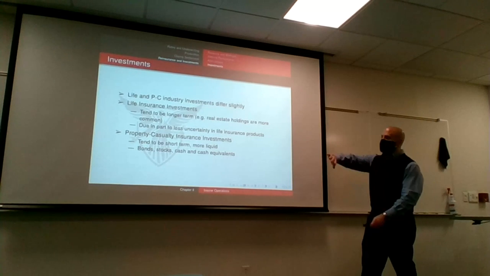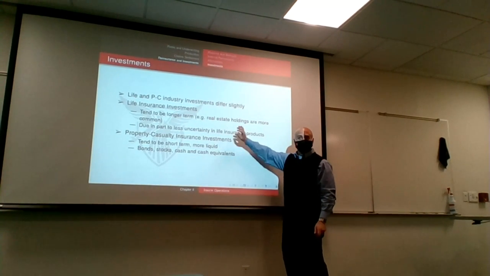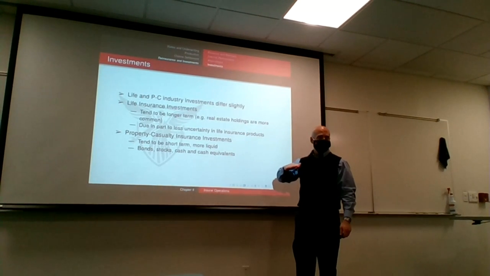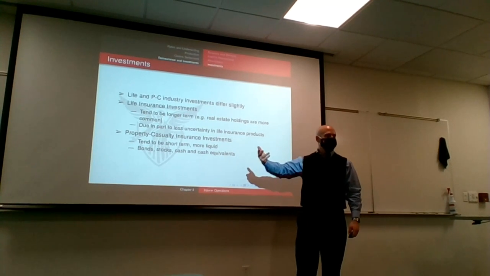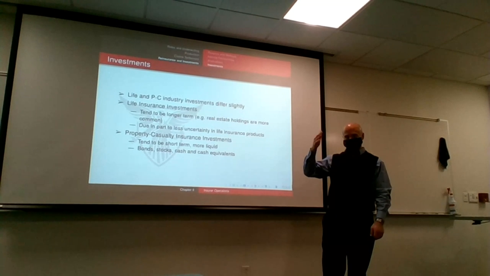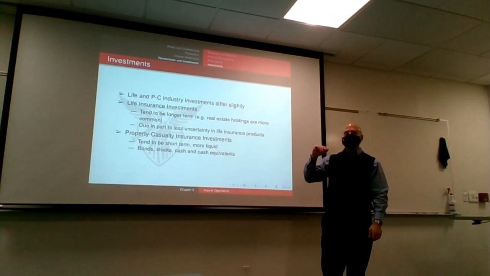So because the underlying risk of life insurance products is lower, they can have longer term investments. We can say riskier, but I don't want you to think that life insurers are investing in risky assets. But they might be more inclined.